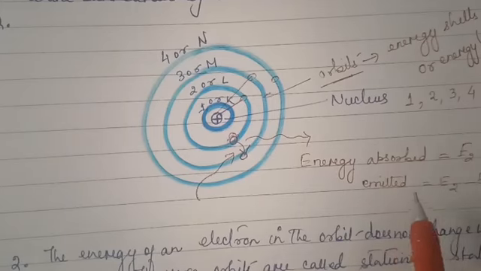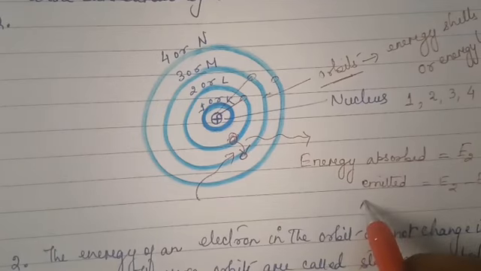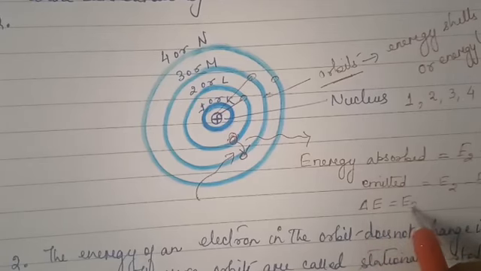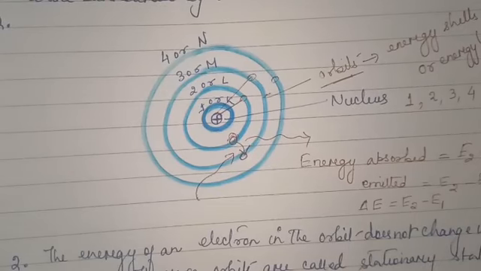This amount of energy emitted or absorbed is given by the difference of energies of the two energy levels concerned. We can also represent it as delta E equals E2 minus E1, where E1 and E2 are the energies of the two energy levels.